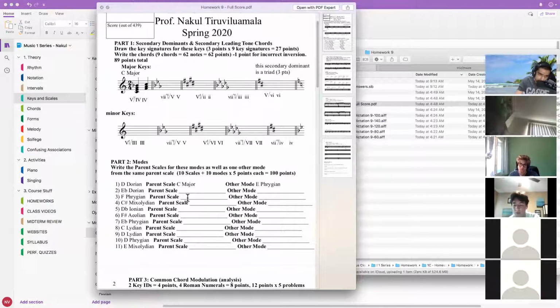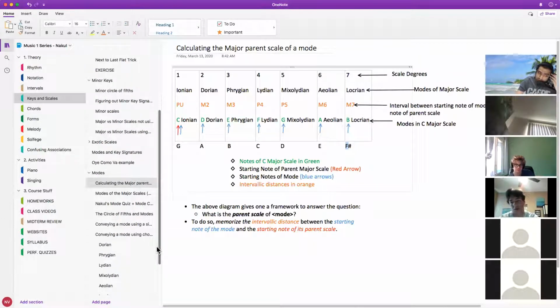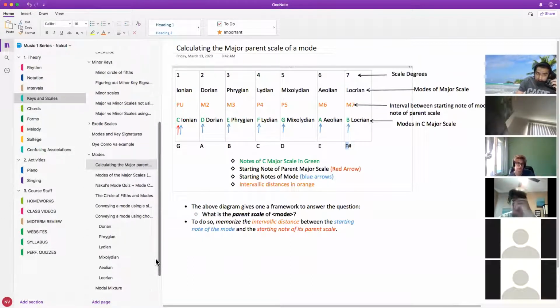So this is an example problem. You're given a mode, and I'm asking you to compute the parent scale, as well as another mode. I made a web game for this to quiz you. There are infinite problems there, but I'll give you an example.